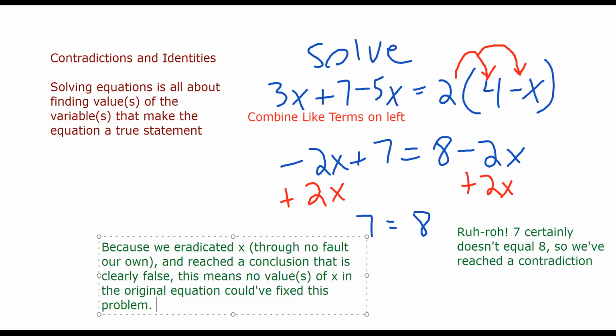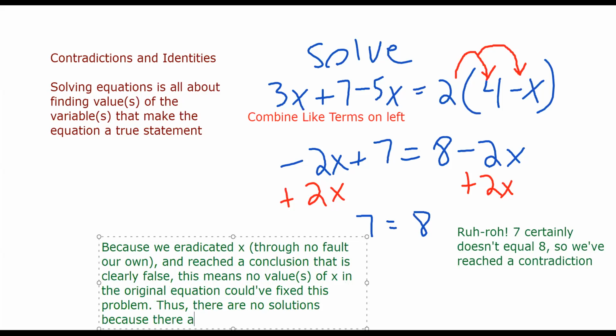Remember, the whole point of equation solving is to find a value or values of your variable to try and make a true statement out of this. But that's not going to happen. x ended up having no effect on the equation because it actually gets eradicated from it. Thus, are there any solutions here? No. There are no solutions because there are no x values that fix this problem.